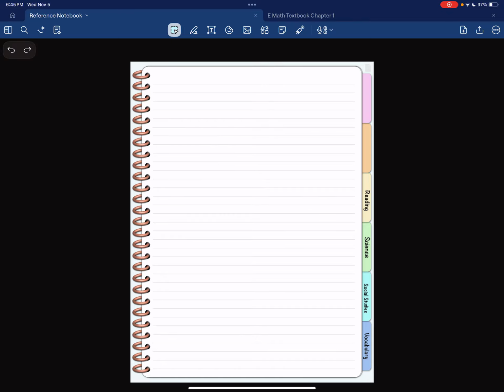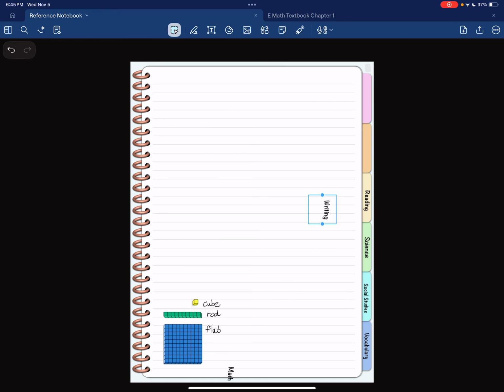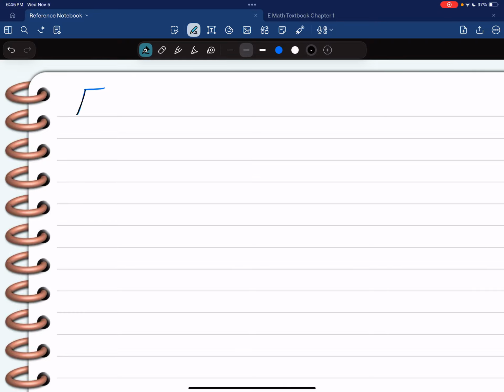I'm going to leave my pictures there just so I can refer to those. And I took the labels off my page. Goodness. I'm just going to keep these right here so that I can refer to them if I need to. So you will not have these in your kit. We do need to give this page a header, a title, and I want you to do the same, please. Forms of numbers. Let me zoom in so you can see.